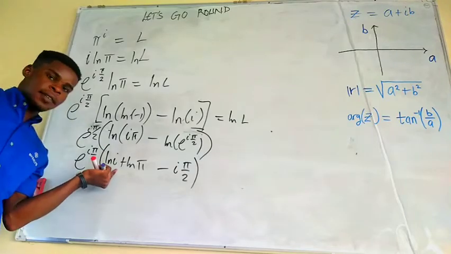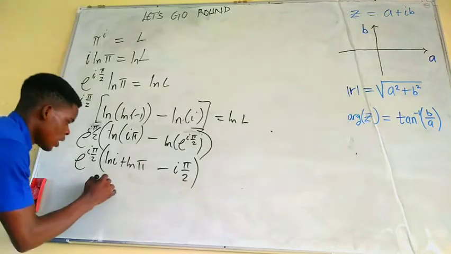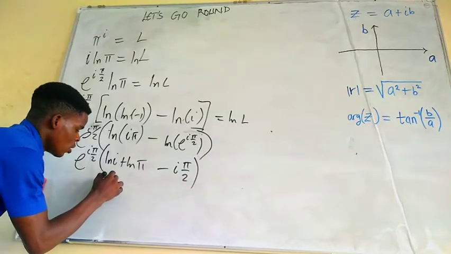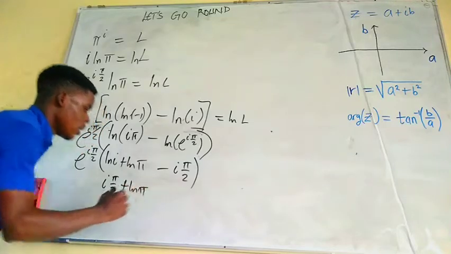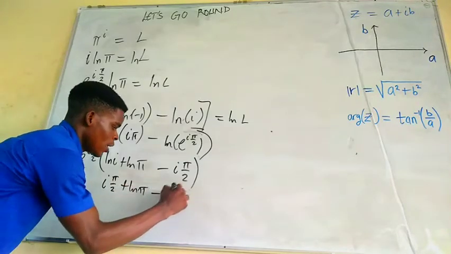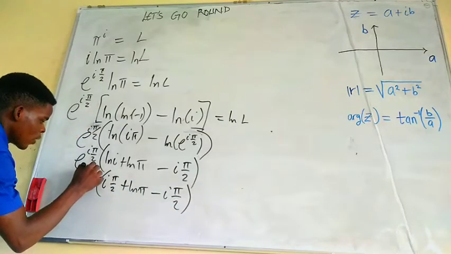Now ln i, like we did earlier, we had this. So I can just write that right there. We have e to the pi over 2 plus ln pi and minus i pi over 2. This is i pi over 2 outside.